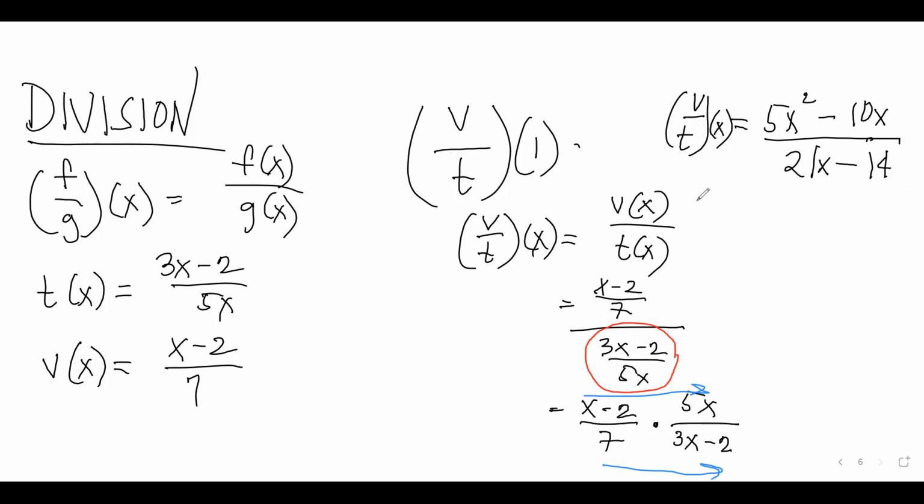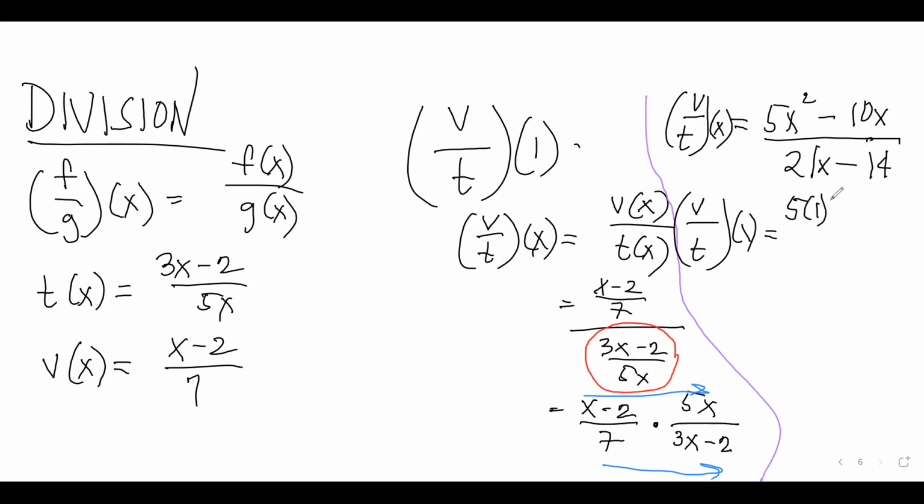Okay? Ang hinahanap natin, class, is v over t of x. Of 1 pala, sorry. Of 1. Ayan. So, ibig sabihin, we need to substitute all of the x's with 1.